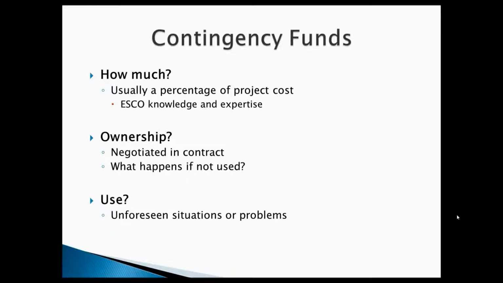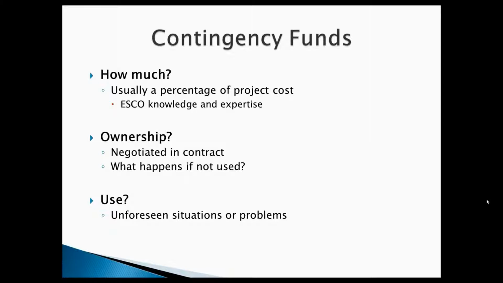And every time that I have seen an ESCO use contingency funds, they certainly have justification for it. I have seen copper prices go sky high in the middle of a project. And the ESCO says, look, they had no control over that, no one in the world expected it.